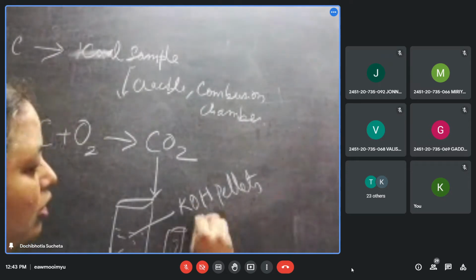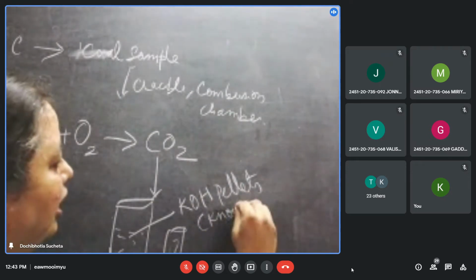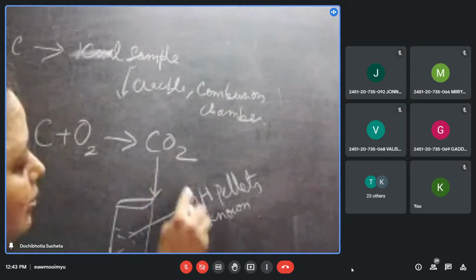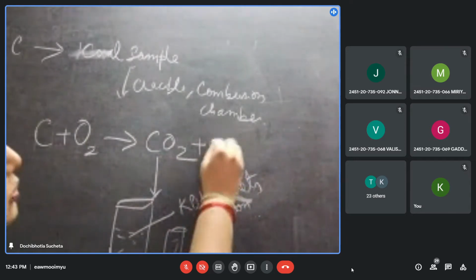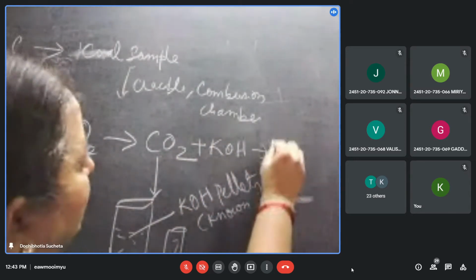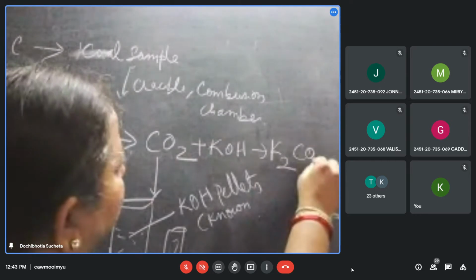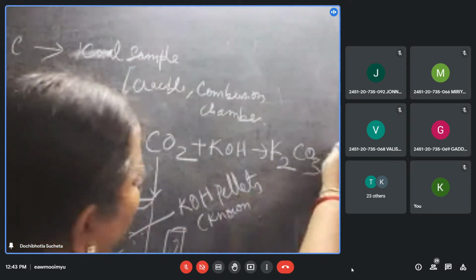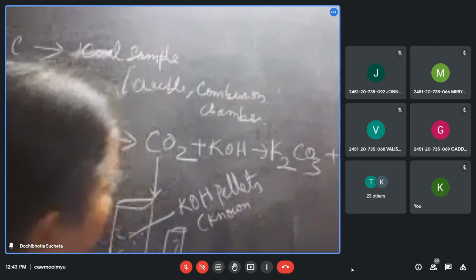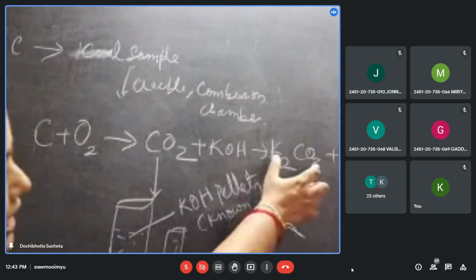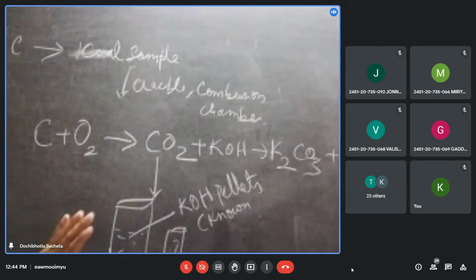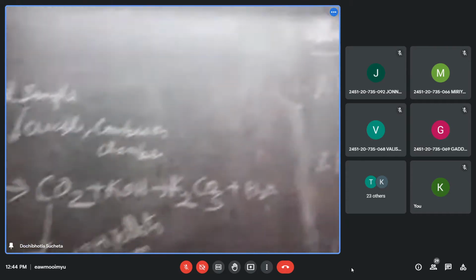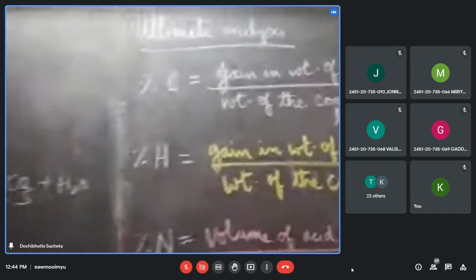What does carbon dioxide do with that potassium hydroxide? This carbon dioxide reacts with potassium hydroxide to form potassium carbonate, K2CO3, plus of course some amount of H2O. What will happen? There is an increase in the weight of this potassium hydroxide bulb. I'll get the weight of this bulb once again and I'll calculate the percentage of carbon using this formula.